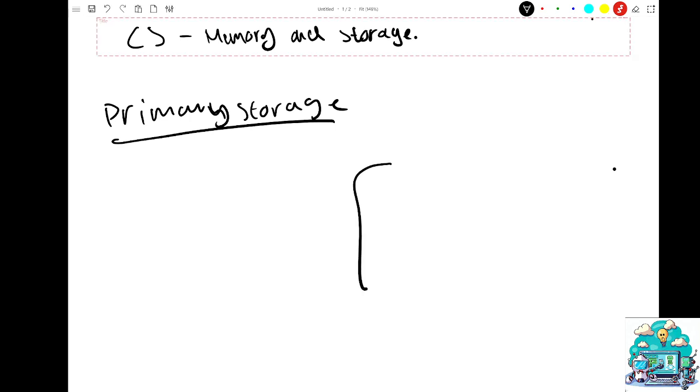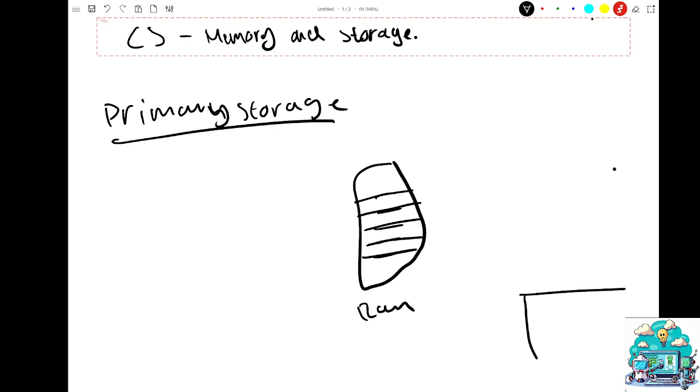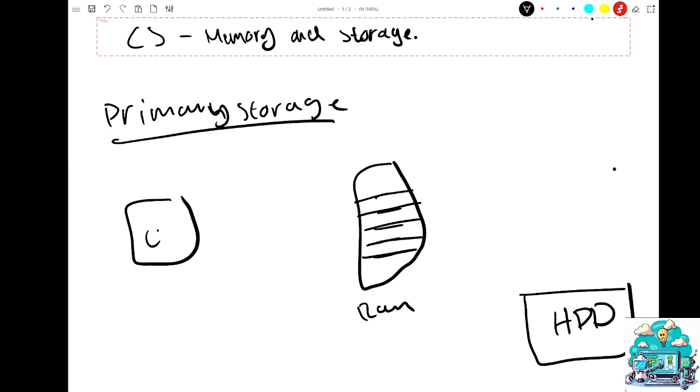So let's say we have our RAM, our hard drive, and our CPU, which is constantly sending and receiving data from RAM.